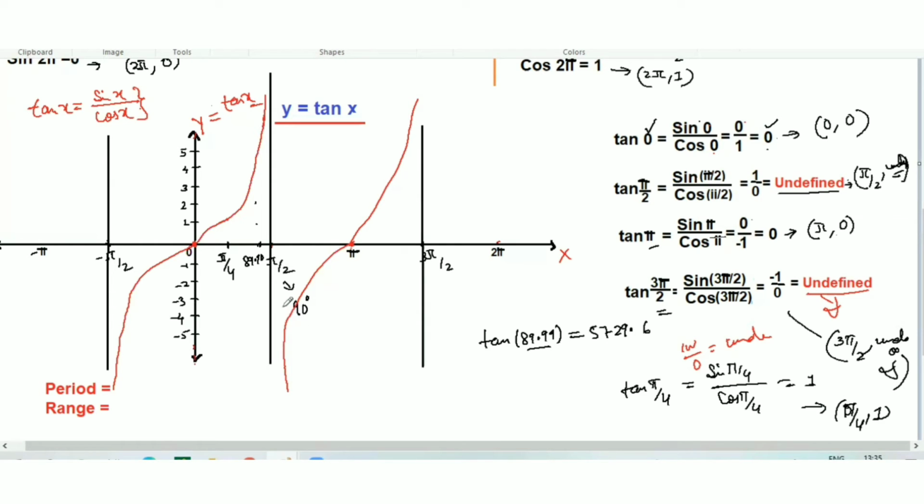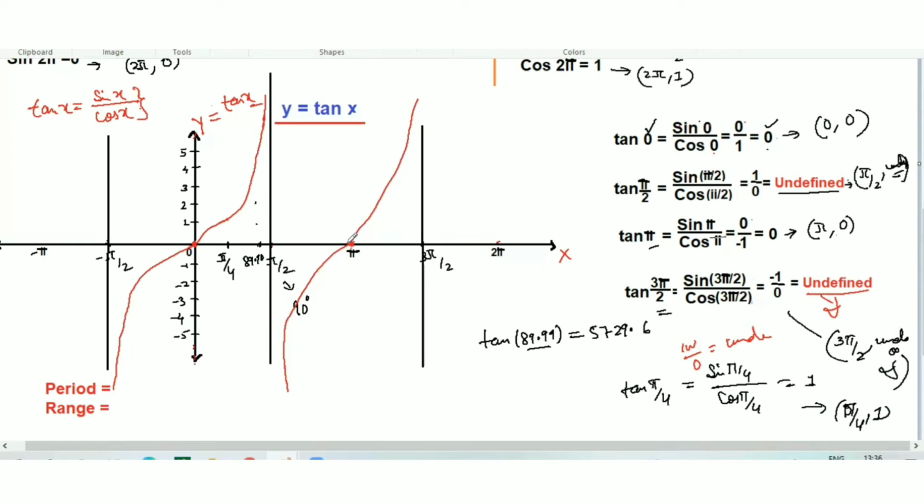So what about the period of the graph? As can be seen from the graph of tan x, it has a period of π radians. So what is the period here? Every π radians the graph is repeating itself.